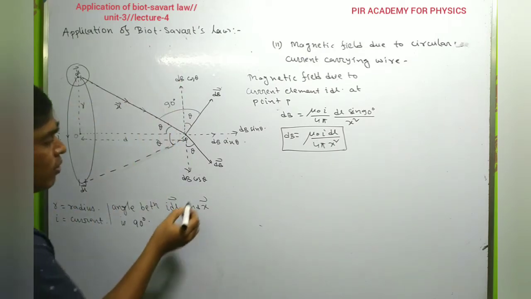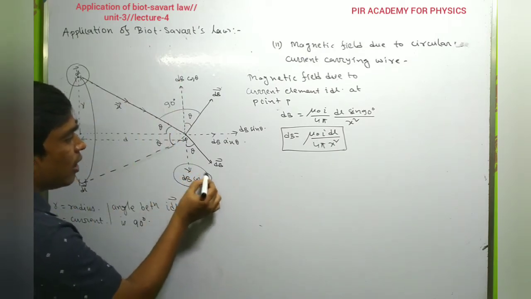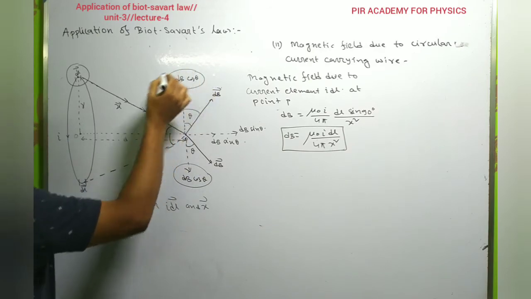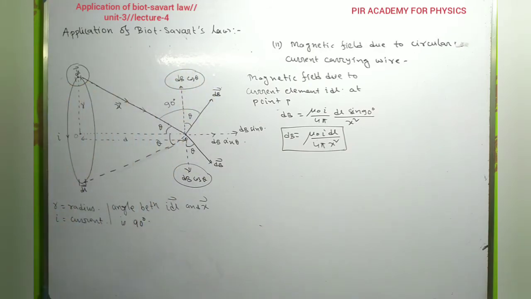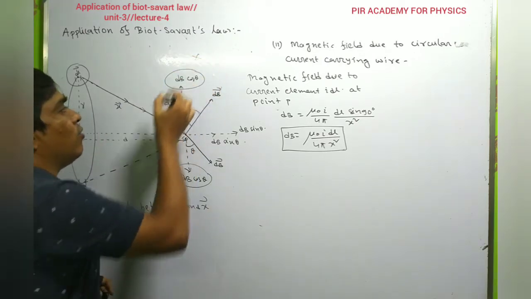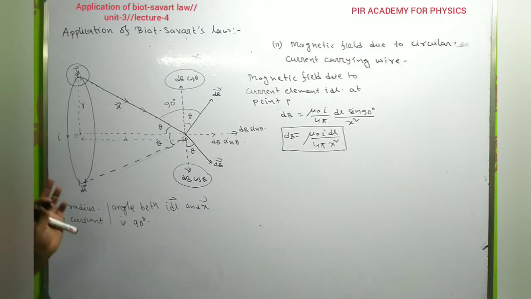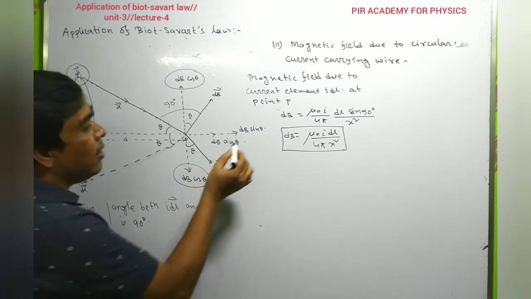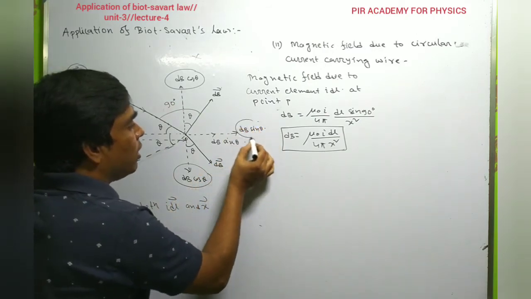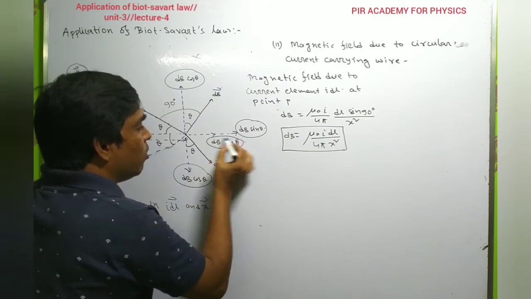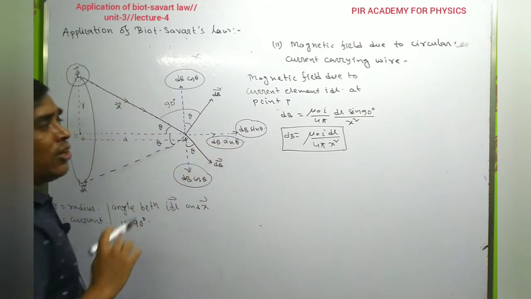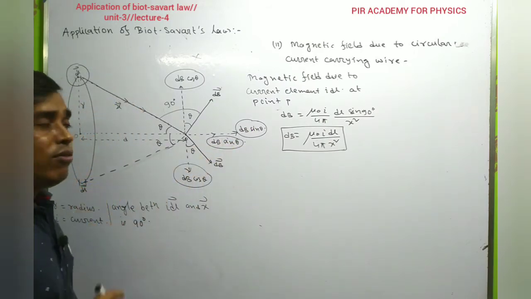Now here you see that this component and this component are opposite and same in magnitude, so these components will cancel each other. But this component, both components are in the same direction, with the same magnitude.